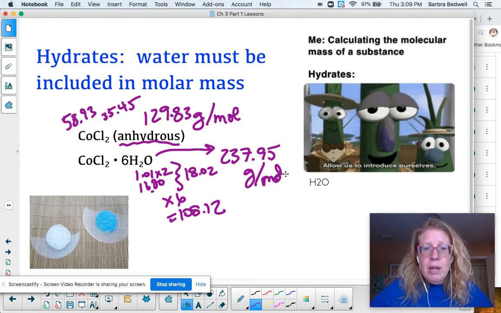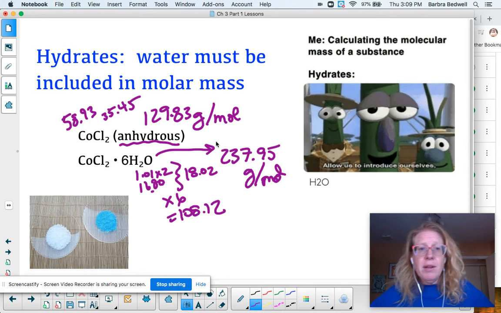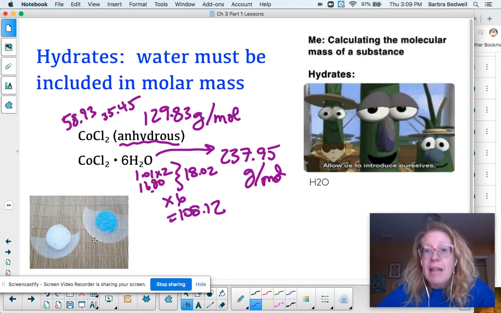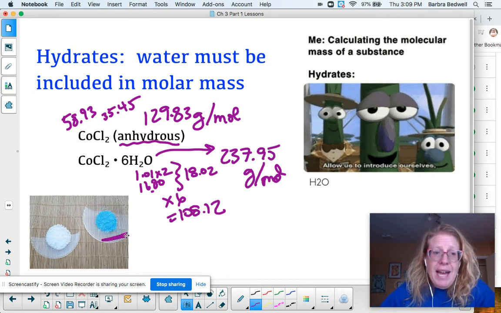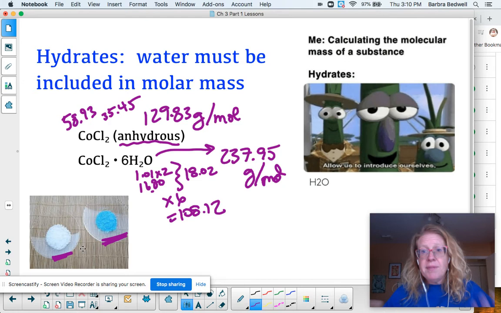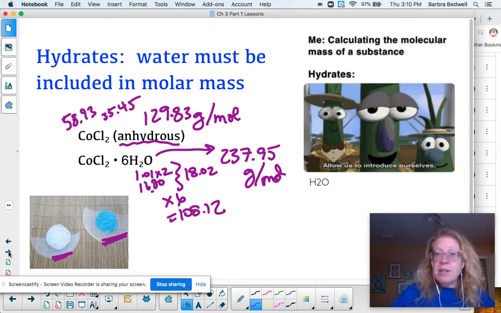When you are calculating molar masses of stuff in a lab, you need to know whether it's the hydrated version, in this case with 6 water molecules in it, or whether it's the anhydrous version, which would have substantially less mass. So again, calculating the molar mass isn't that hard. You just have to remember to put the water in there and count it as well, because you can't just ignore it.